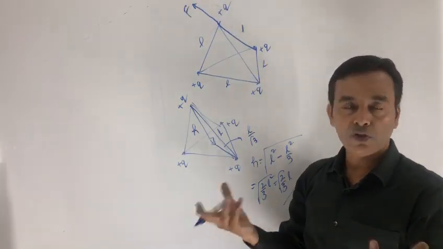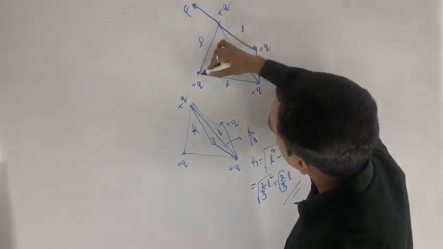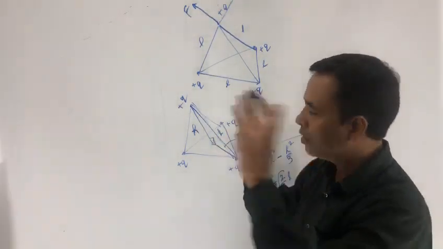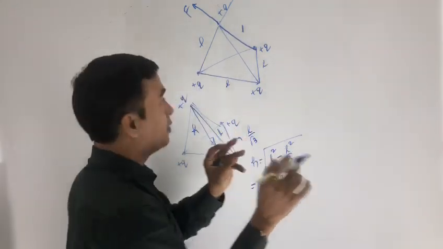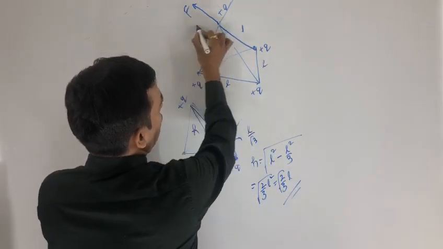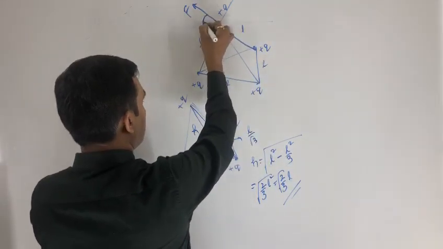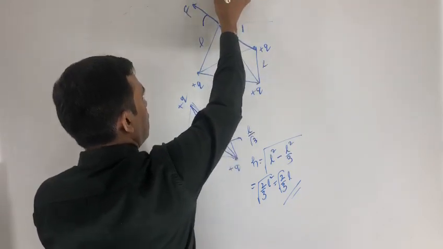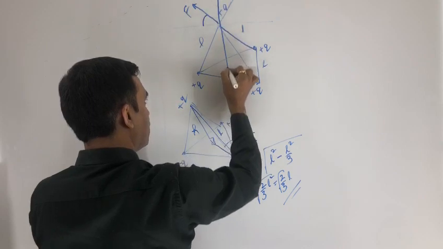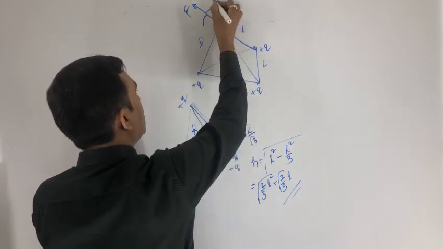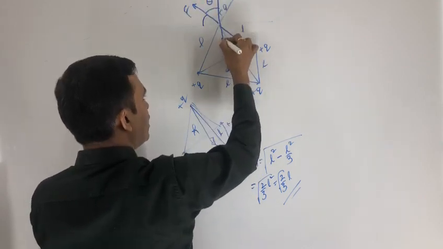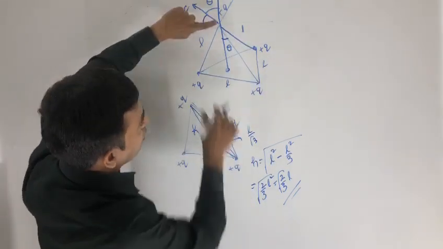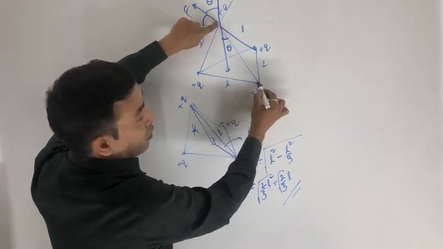Now I am assuming that this force is an electrostatic force. Both are similar charges, so it is repulsion. The same thing happens with all the charges, because it is three-dimensional. If I draw one line and take the components, I am taking this angle as theta.